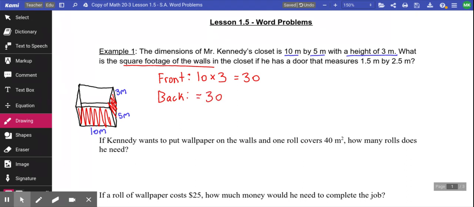If my front wall is here, my back wall is going to be the exact same measurement. Then I have the right side of my wall. The right side would be 5 times 3 for a total of 15. The left side is going to be the same, also 15.